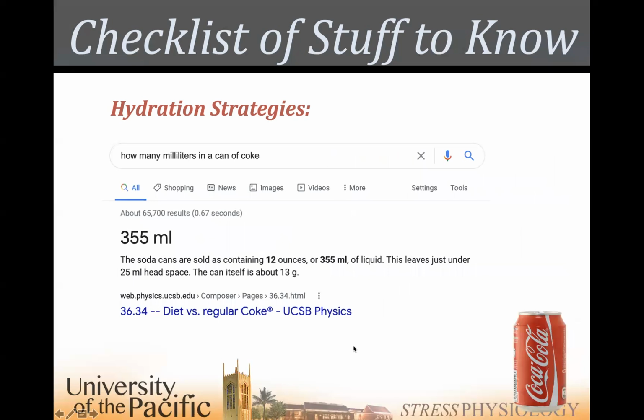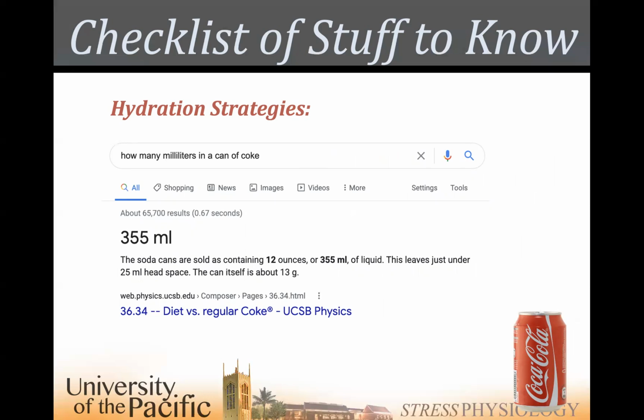Now, what does 600 mLs look like? If I say get 600 mLs in your stomach and then try to sip and stay around 400 or something like that, your Coke can, that's 355. According to my Google search, how many milliliters in a can of Coke? 355.